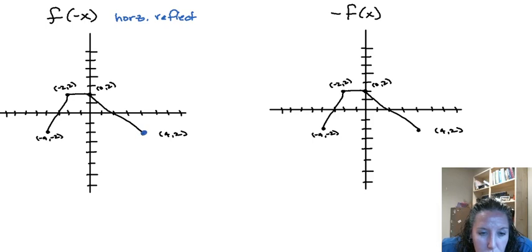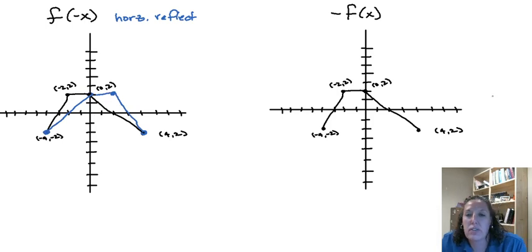So it's going to move right on top of where this one is. And that one's going to move right on top of where this one is. This one at -2, 2 is going to move over to a +2, 2. And then the point at 0 is going to stay the same. And so what we see, instead of having that longer leg on the right, like our original, we have that longer leg on the left.